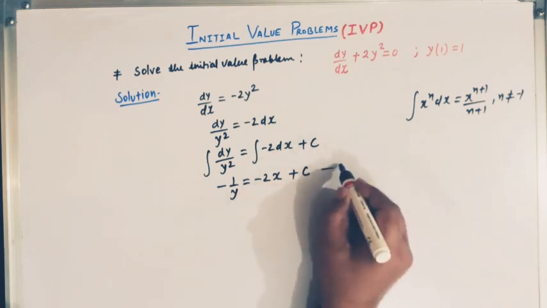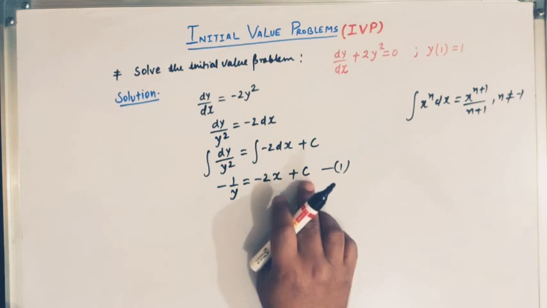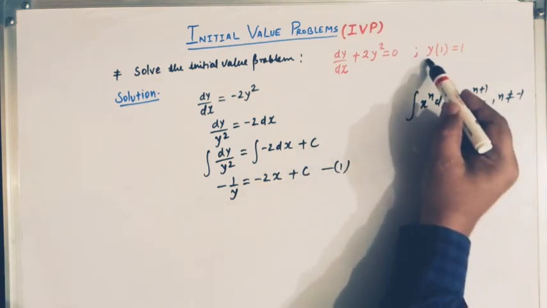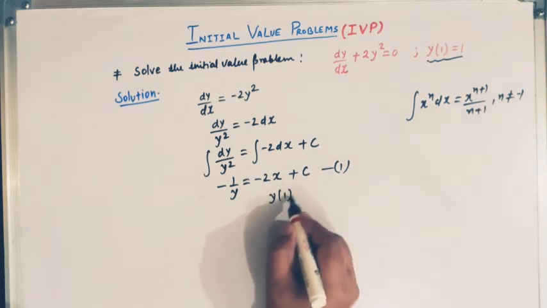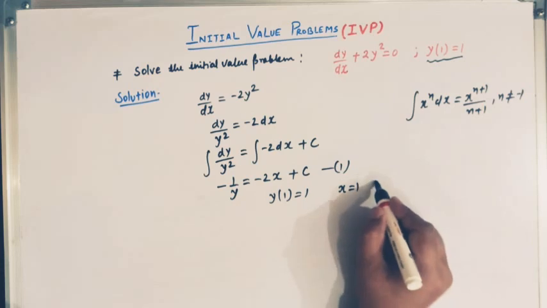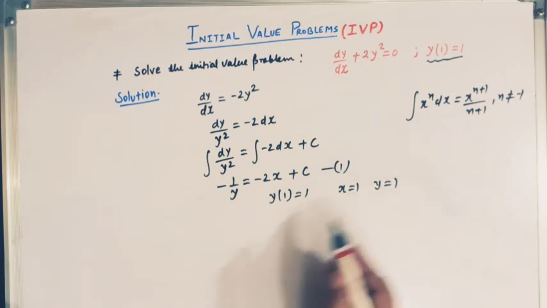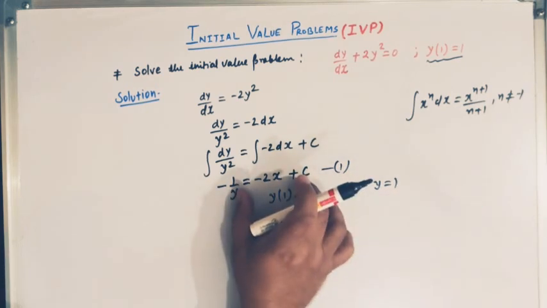Now we have to find the value of this c, the constant of integration, by making use of this condition. So we are given y of 1 is 1. It means when x is 1, y is 1, right? So let us substitute these values over here.